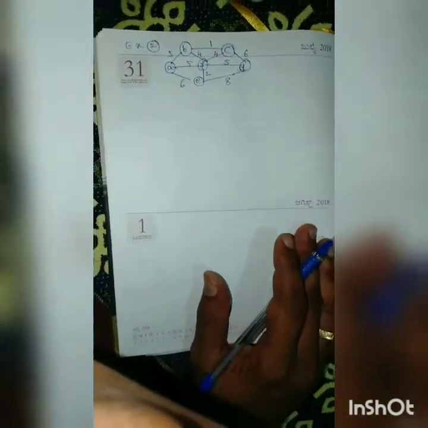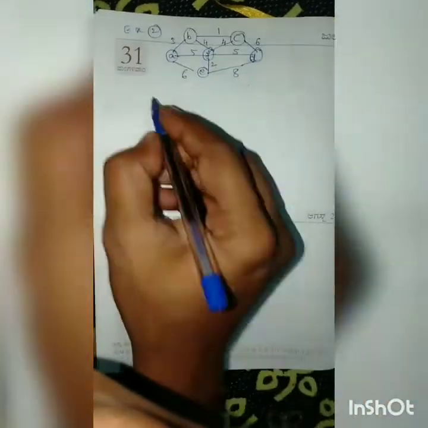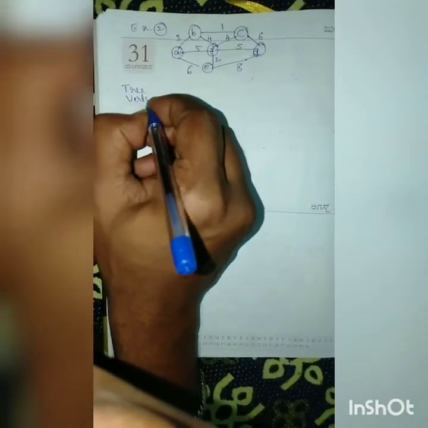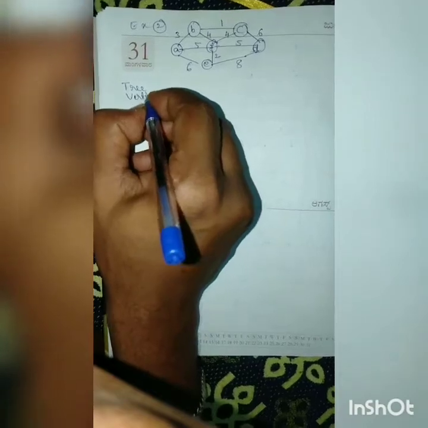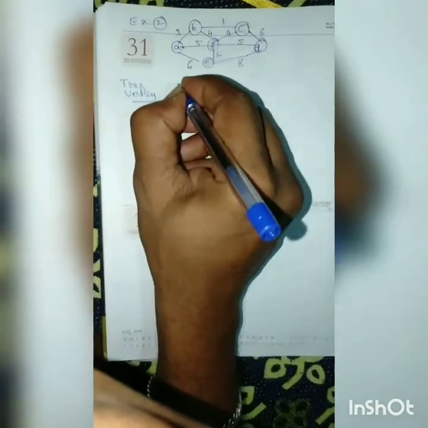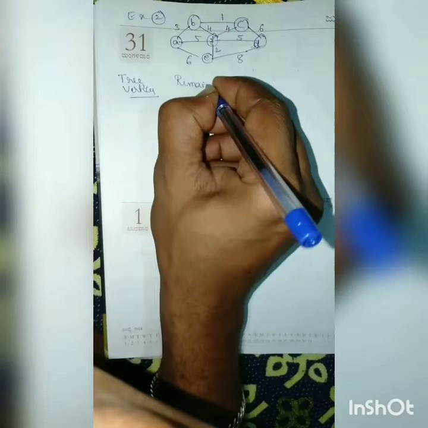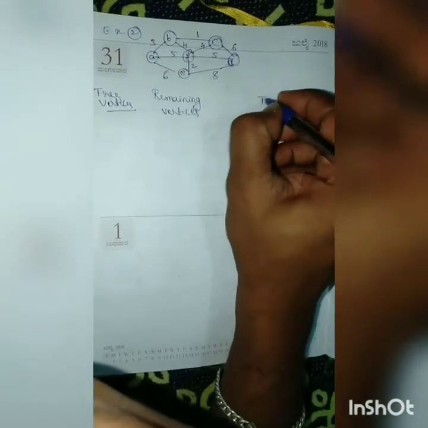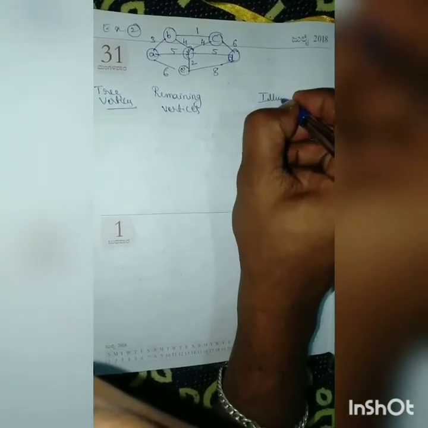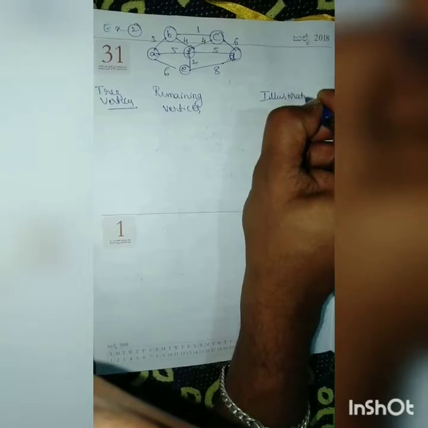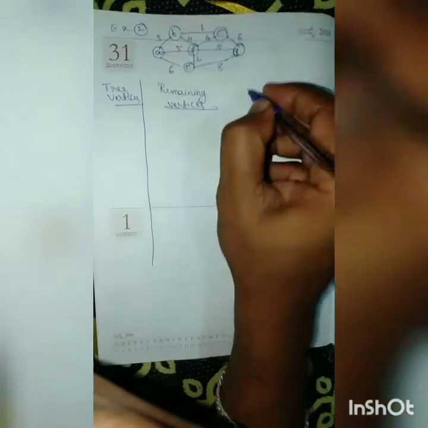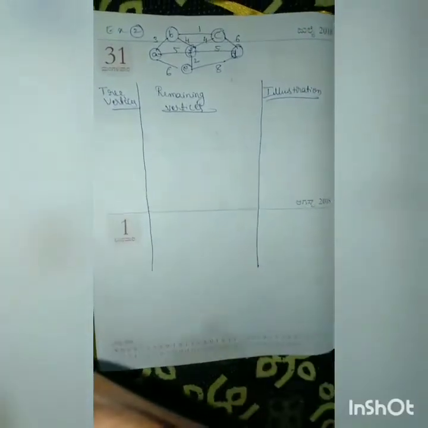So this is the example given in the textbook. So tree vertices, remaining vertices, illustration, okay.